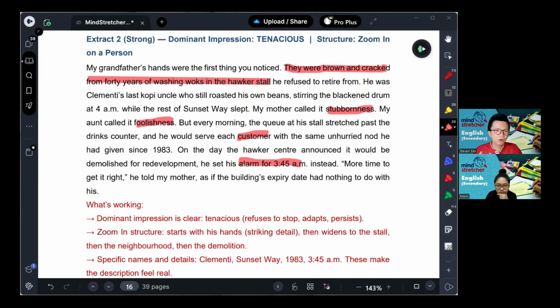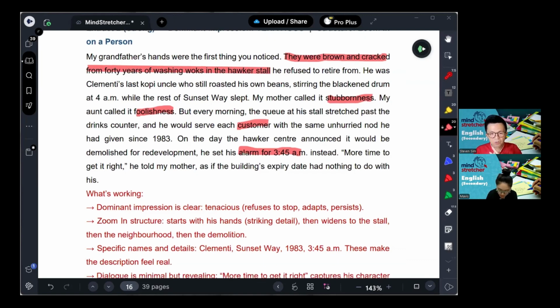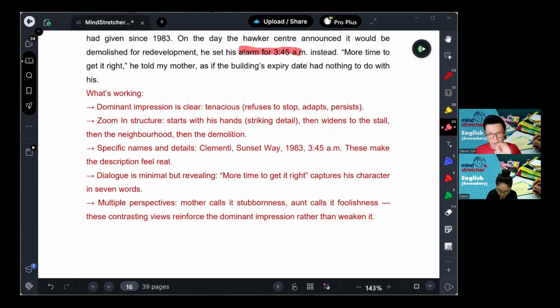There's nothing wrong with this. It's just that most people won't be choosing to write the descriptive essay. It's possible to do very well, but it's not so easy. So what you want to do is to have your dominant impression, link that to character, and then start to zoom back out.